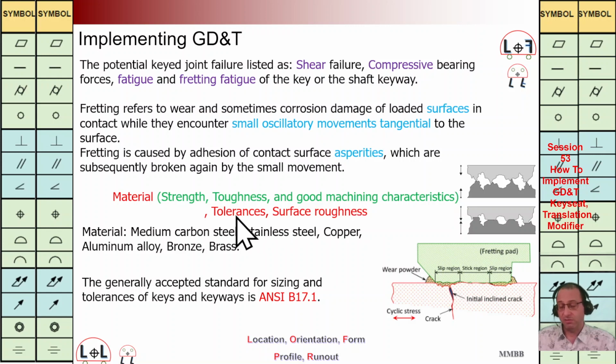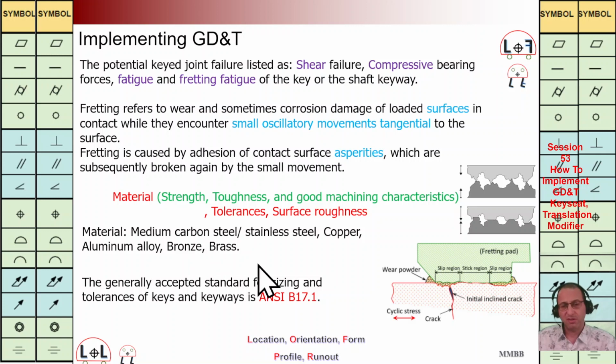And tolerance is really, really important, and roughness is important, as it is highlighted here for fretting fatigue. For material, we are going to use carbon steel, stainless steel, copper, aluminum alloy, and mainly for the marine industry, we are going to use bronze or brass. Bronze and brass are really good for the marine industry.